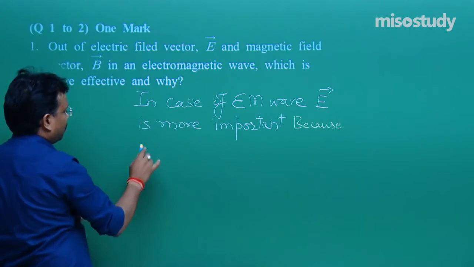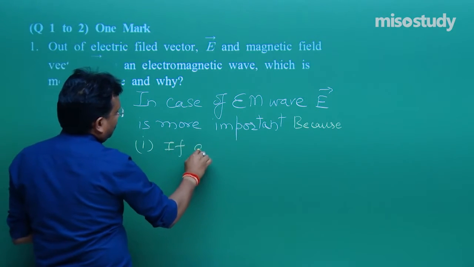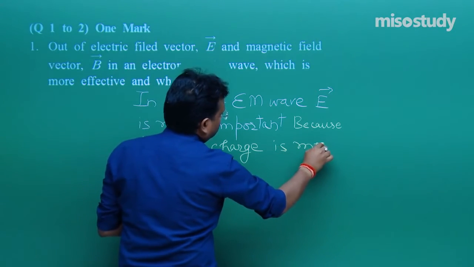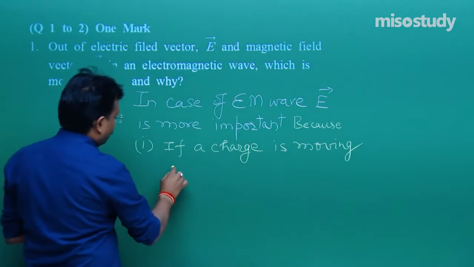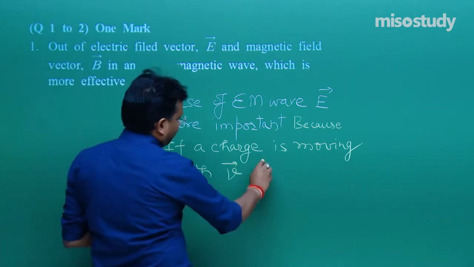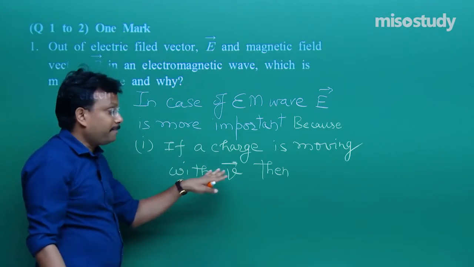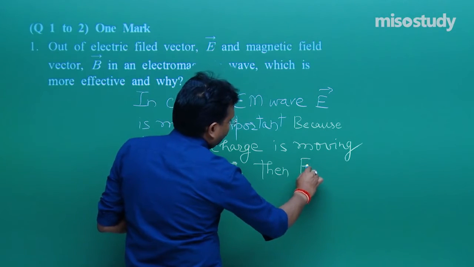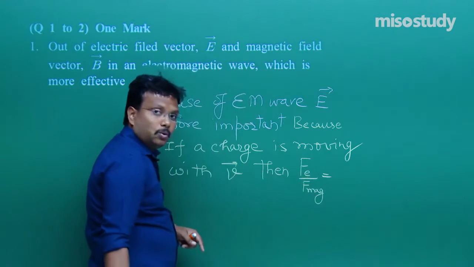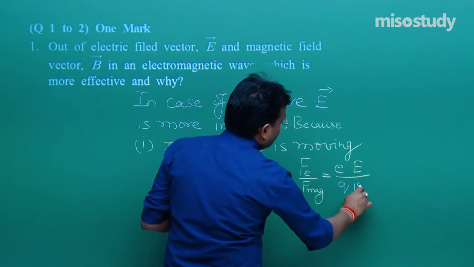First is, in this particular example, if a charge is moving with velocity v, then when this charge gets in touch with this electromagnetic wave, we can write F_e upon F_magnetic is equal to qE upon qvB.